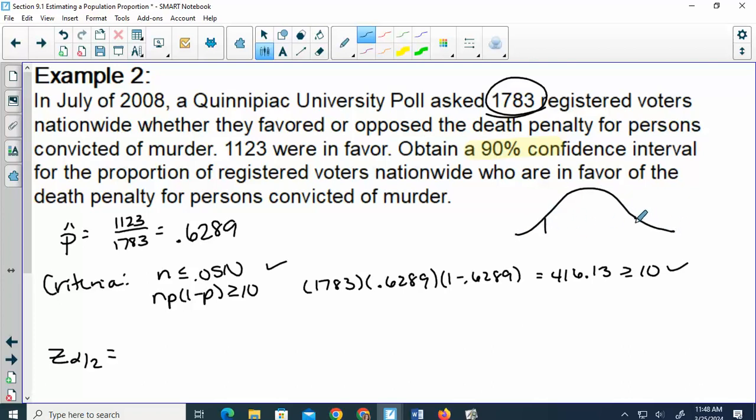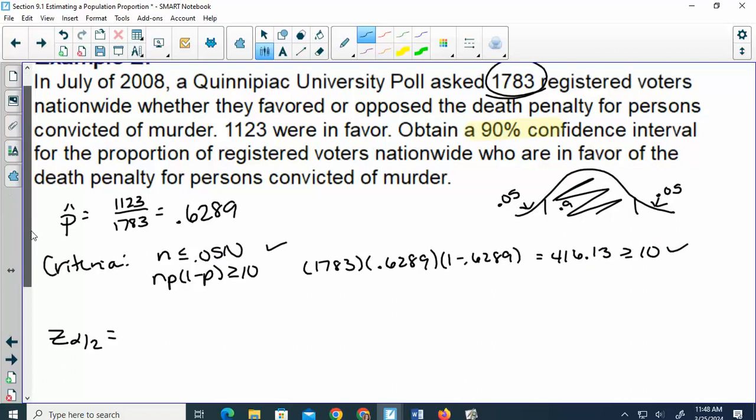So we need 90% of our data to fall in the middle. Okay, that's why the alpha over 2 comes in. We have 10% left, but how much do we want on each end? 5%, so 0.05. So that's the alpha over 2 piece. We have 10% left over. We have to divide it between the two ends.